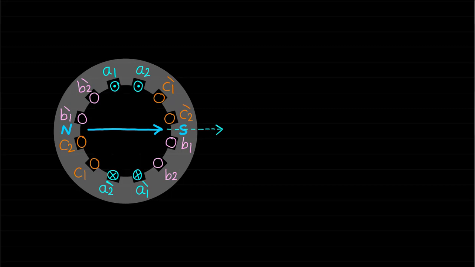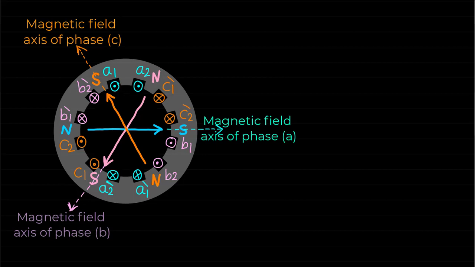Similarly, phase B and phase C also produce magnetic fields equivalent to two poles. These arrows represent the magnetic field direction or axis when the phases are excited by currents in the direction shown.